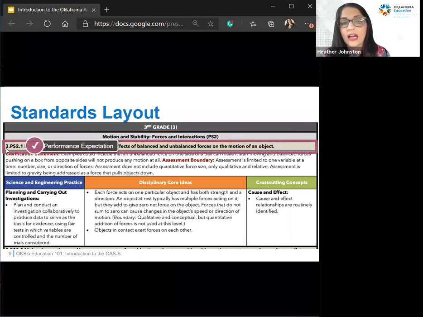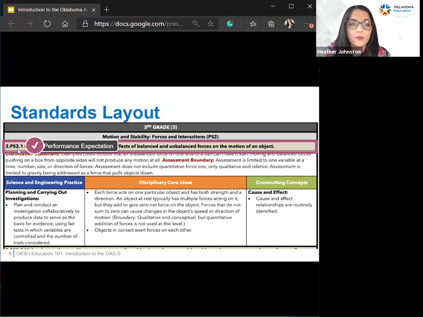And then underneath that, you'll find the performance expectation. The performance expectation does have a code here right at the front of it to identify what the grade level is, what the domain area is, and we're going to go into what that is, our disciplinary core ideas. The PS here stands for physical science.